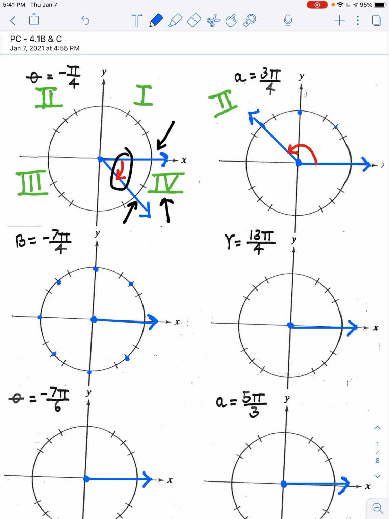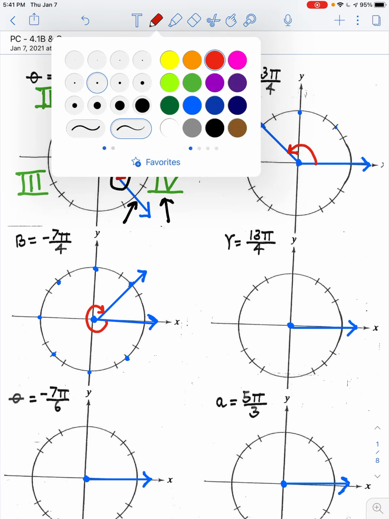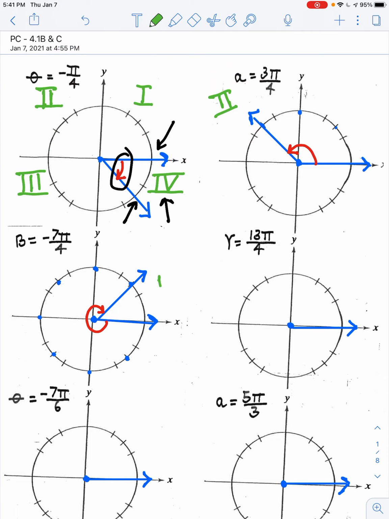When I draw that angle, I'm going to draw through that middle slash mark, and the rotation, even more importantly here, is going around like that in a clockwise fashion. The quadrant we land in for our terminal side is quadrant 1.